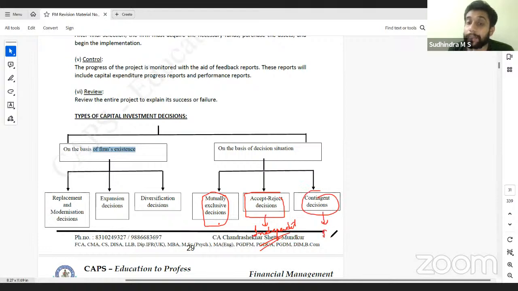Contingent decisions are dependent proposals. Whenever we have dependent proposals, where accepting one proposal depends upon what happens in the other proposal, that is called contingent decisions. If the two proposals under review are independent of each other, we go with accept, reject decision. Accepting one will not impact the other one. Then it is accept, reject decisions, right?